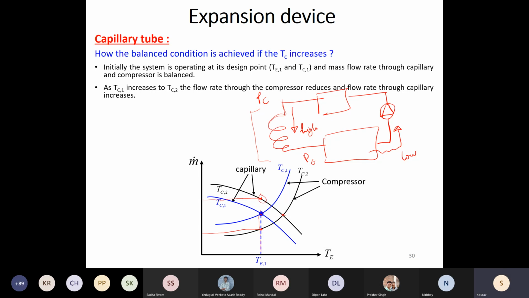So the system is able to deliver this much mass flow rate across the capillary tube, whereas the compressor is only sucking in this much. So your evaporator will start to get flooded.